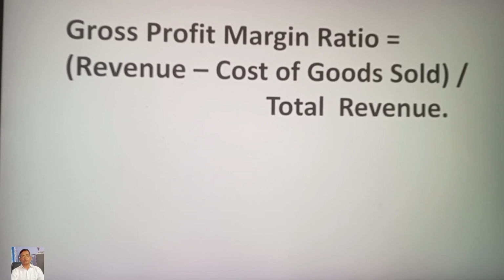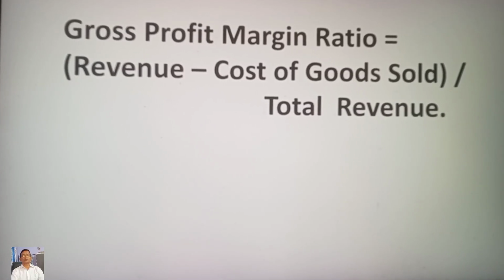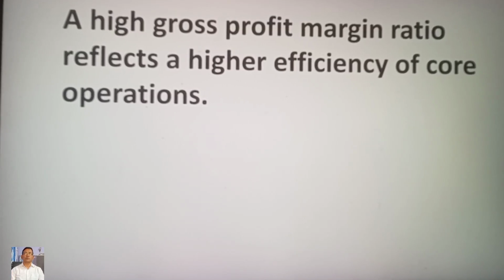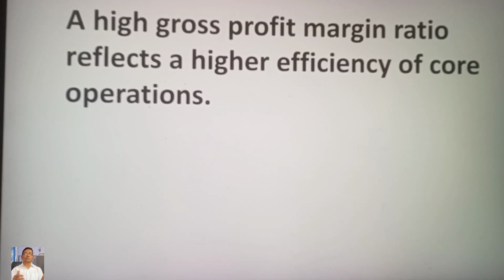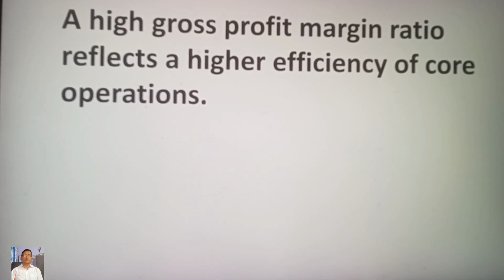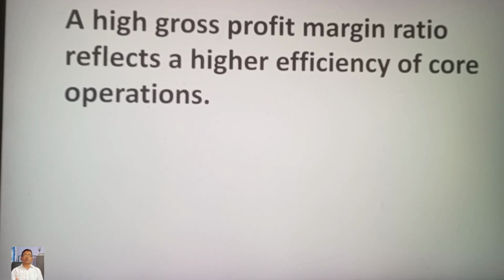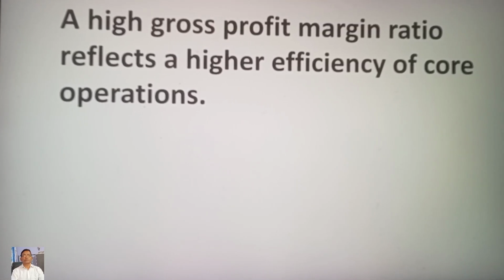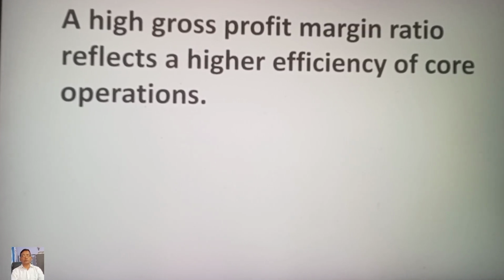The gross profit margin ratio is calculated by dividing the gross profit by the sales revenue. So, gross profit margin ratio is equal to revenue minus cost of goods sold divided by total revenue. A high gross profit margin ratio reflects a higher efficiency of core operations. A high gross profit margin ratio indicates that the company can cover operating expenses, fixed costs, dividends and depreciation, and also provides net earnings to the business.